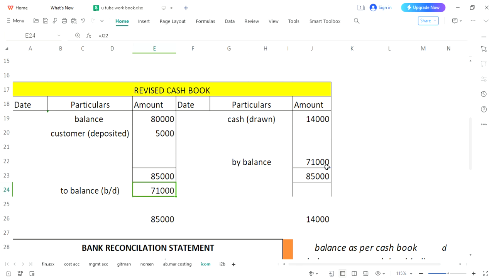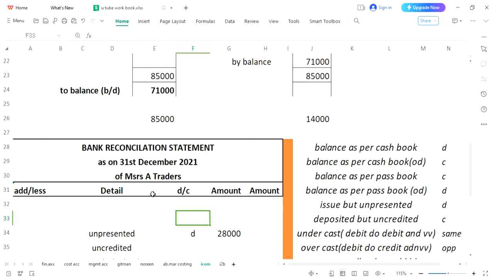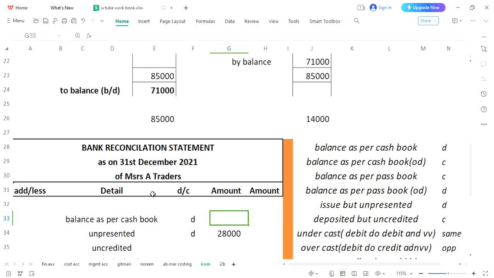So this is your balance. Where you have brought it down, the debit side, you will put it on the same debit side as well. This is your balance as per cash book, debit, and the amount is 71,000, and you will put it over here.